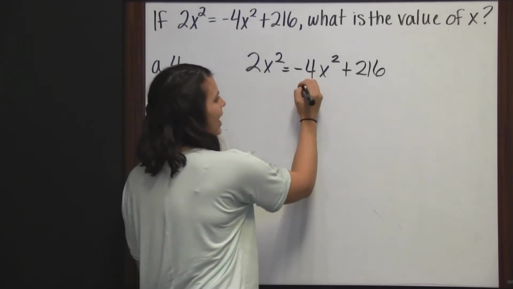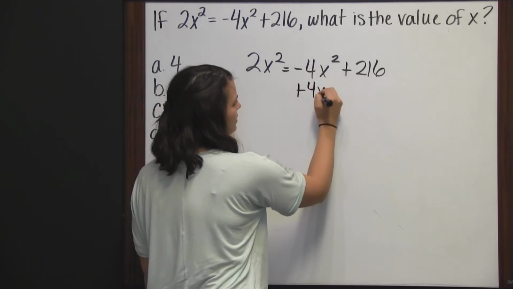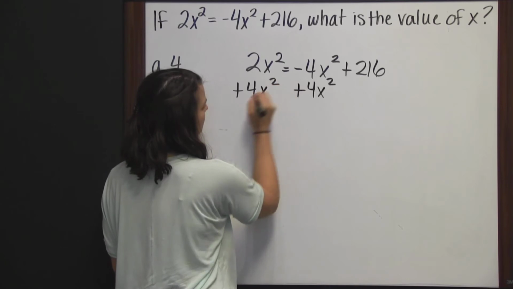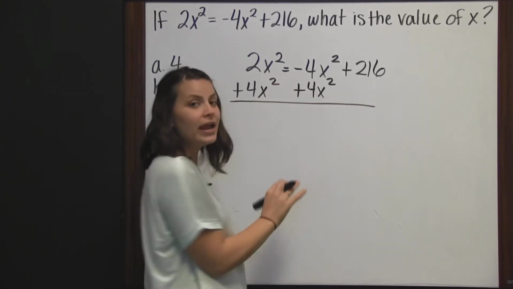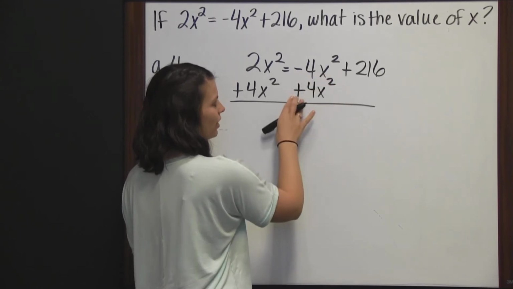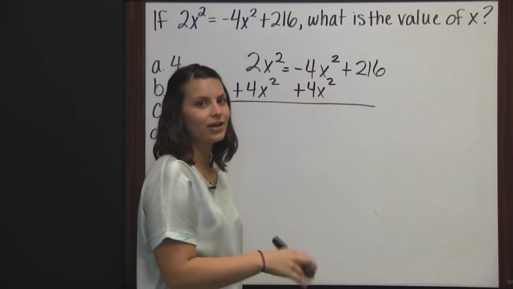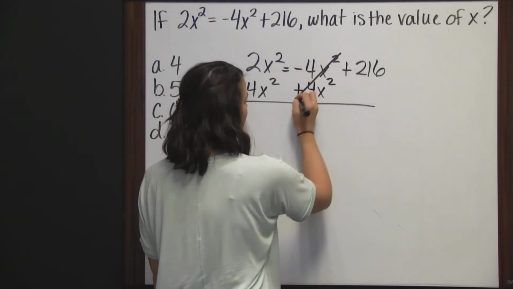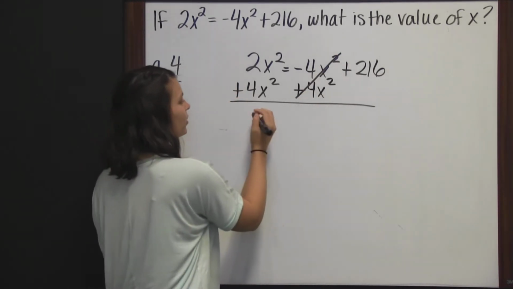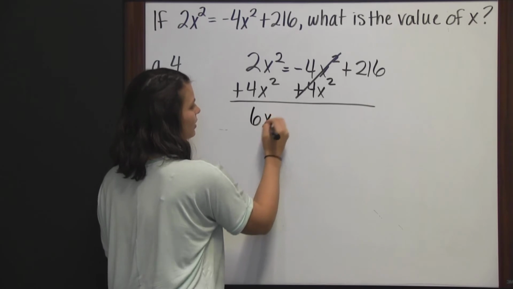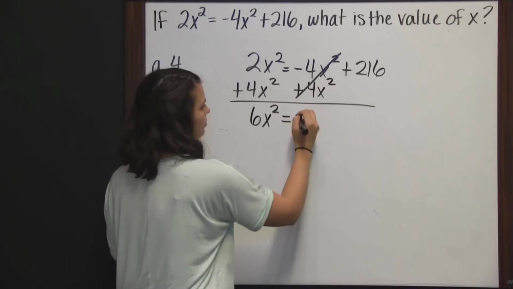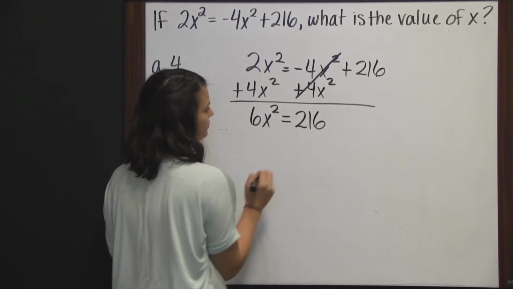So I'm going to add 4x squared to both sides so that way on the right-hand side it'll cancel because I have a negative 4x squared and a positive 4x squared, and those are additive inverses. Now on the left-hand side, 2x squared plus 4x squared is 6x squared. Bring down the equal sign and bring down 216.